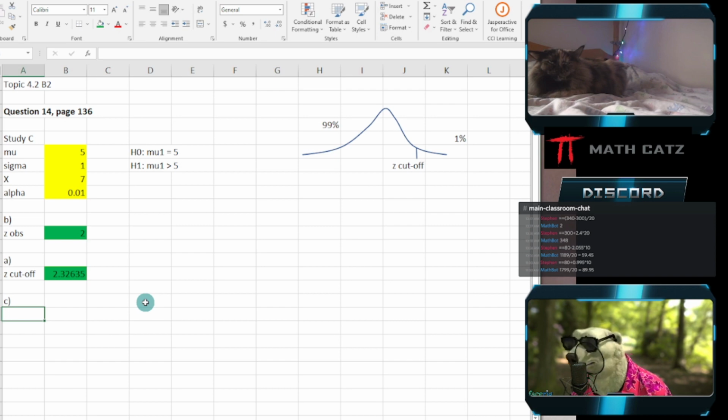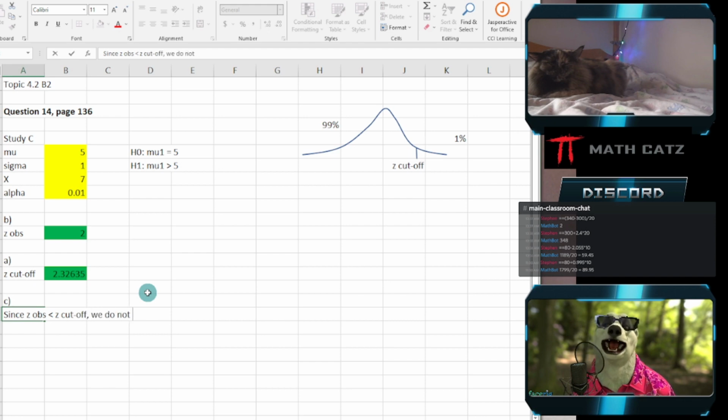We can still write a little bit, and we see now that our observed score of 2 is to the left of the cutoff line. So we can say here, since z observed is less than z cutoff, we do not reject H0.